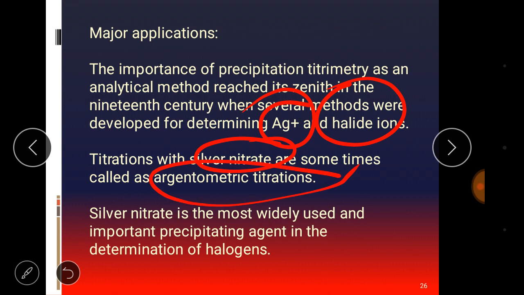It is important for competitive purposes, just note it down. Silver nitrate is the most widely used and important precipitating agent in the determination of halogens.